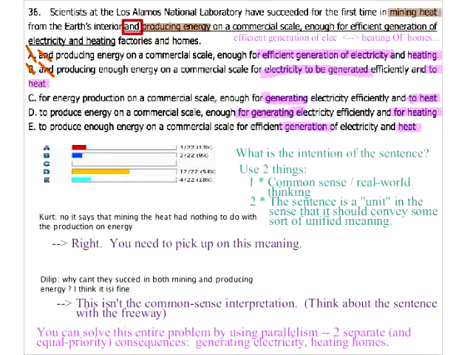Versus if it's just heating factories and homes, then that should go with generating electricity. You just have to write these in the same way. So the only choice that writes these things in a parallel way is D. It turns out you don't even really need the and here, but it's another helpful consideration.